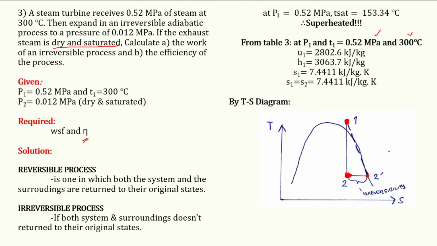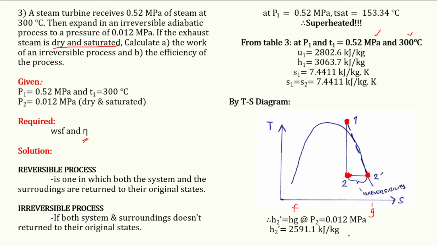So para makuha natin si H2 prime, since dry and saturated naman yung ating condition at actual or 2', therefore, nasa G yan, di ba? Nasa G, then F. Therefore, H2' is Hg at P2. Okay? So, ano yung Hg natin at 0.012 megapascal? So, from table 2, H2' is 2591.1 kilojoules per kilogram.